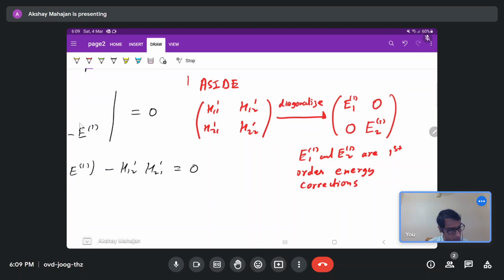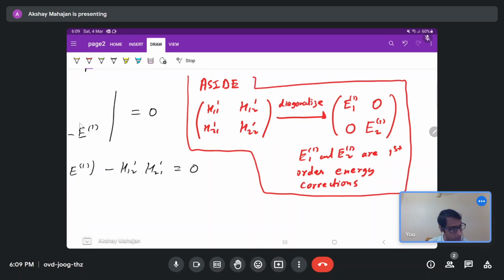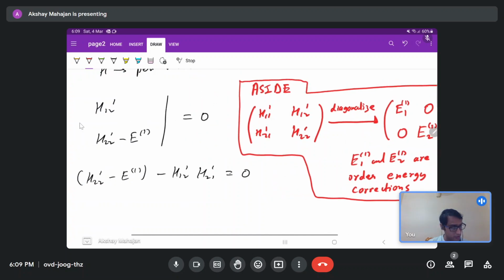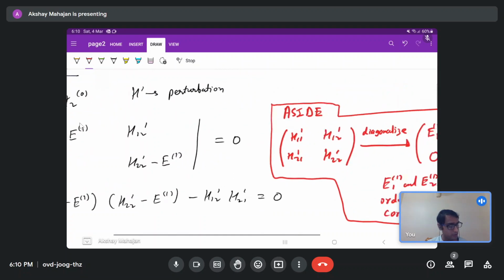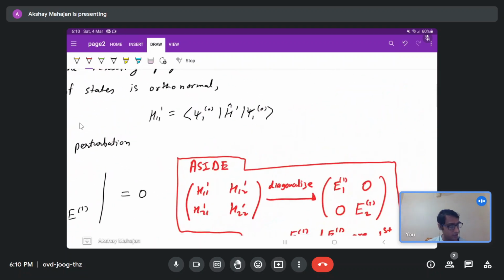All right. So you can see it like this, which also just means solving this determinant, which you can get from an eigenvalue equation that has been done in the class. And let me just define what h11 prime, h12 prime will be: psi1 of 0, h cap prime, psi 2 of zeroth order.